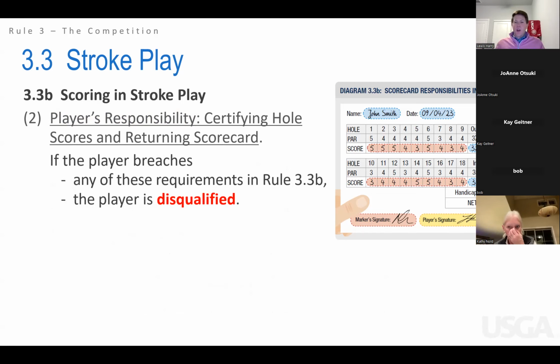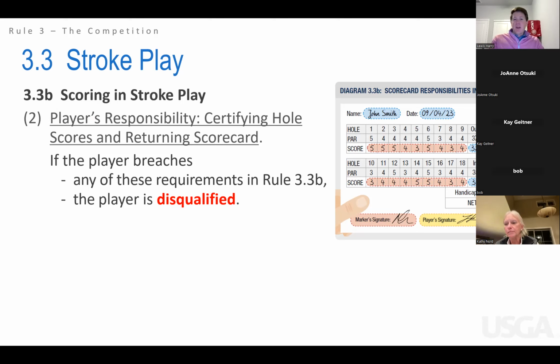If we breach any of those requirements, if something isn't right on our scorecard, maybe there's a score missing in the hole by hole scores, or we didn't sign our scorecard, we are disqualified. I've seen it happen multiple times where someone failed to sign their scorecard.